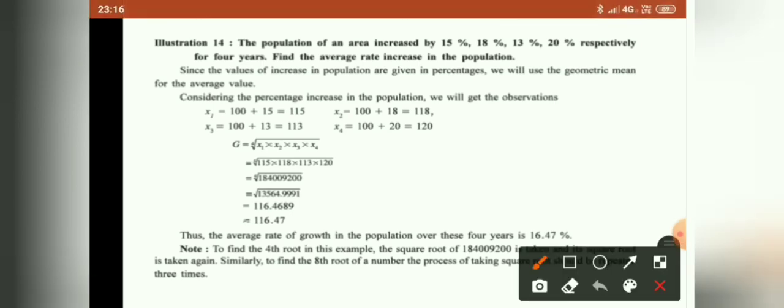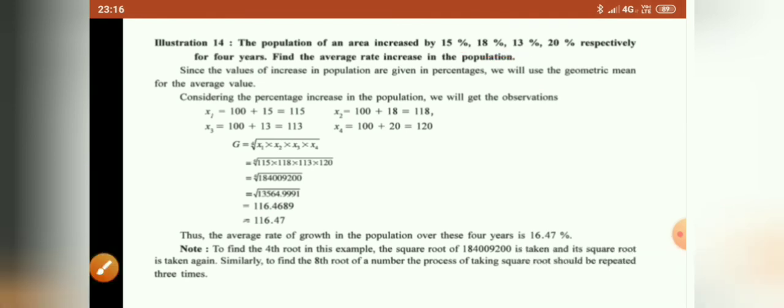In the same way, if the word decrease has been given in your sum, then you have to decrease by 15%, that is 100 minus 15, 100 minus 18, 100 minus 13 and 100 minus 20. But here increase is given, so we will increase from 100. We will not take 15, 18, 13 and 20 directly.